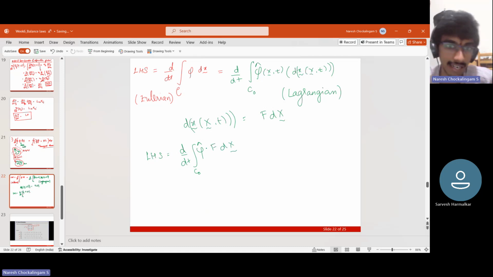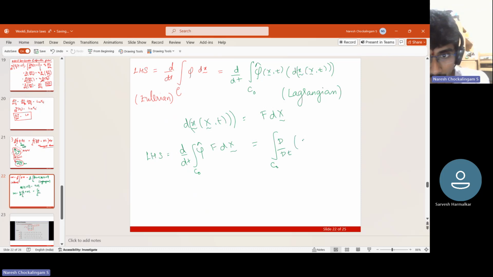Now on the right hand side, everything is a function only of the material coordinate capital X and the time. So the derivative can be brought inside directly, because C naught does not depend on time. This can be written as the integral over C naught of the material time derivative of phi cap F dX. dX does not depend on time, it's a material vector. So this derivative acts only on the first two.